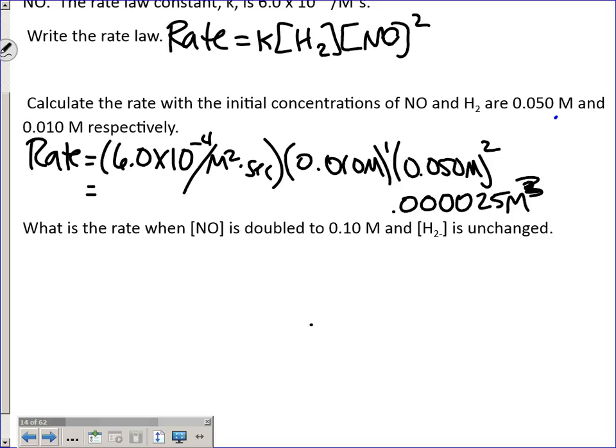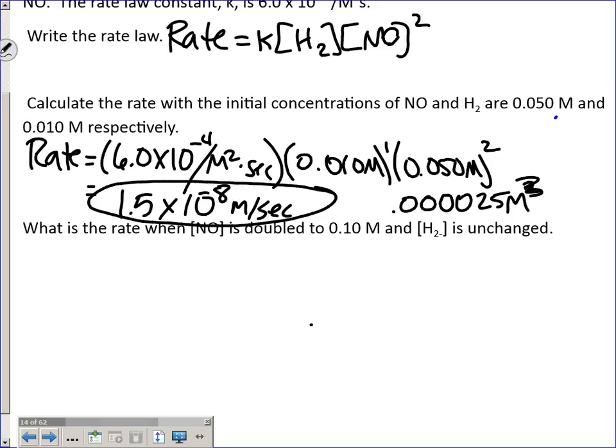It's 1.5. Your 7 zeros is right, but I'm putting it in scientific notation. So 1.5 times 10 to the negative 8. I constantly say meters per second, molarity per second. All right, that's our rate.